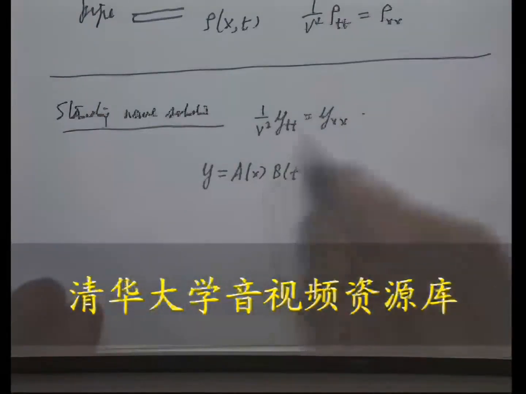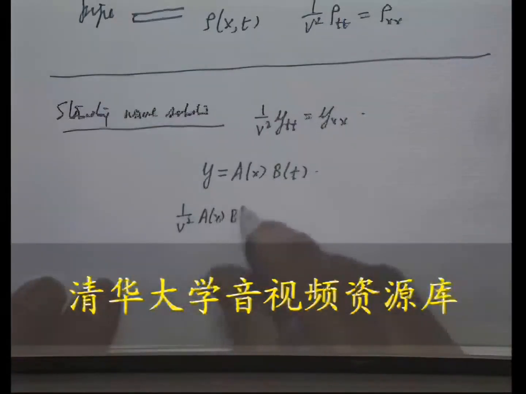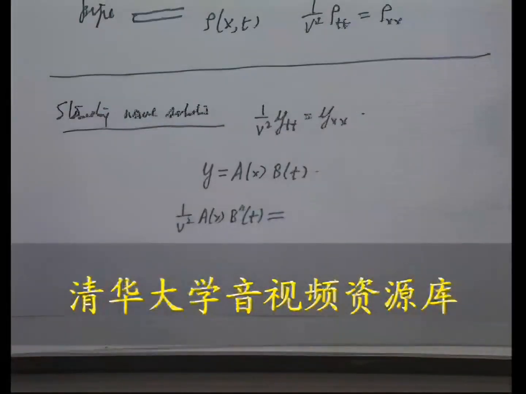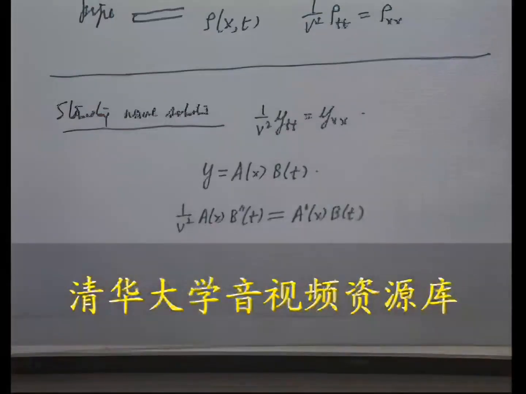Okay, let's substitute in here. We get 1 over v squared, a times the second derivative of b with respect to t. That's the left hand side. The right hand side is the double derivative of a with respect to x, times b.